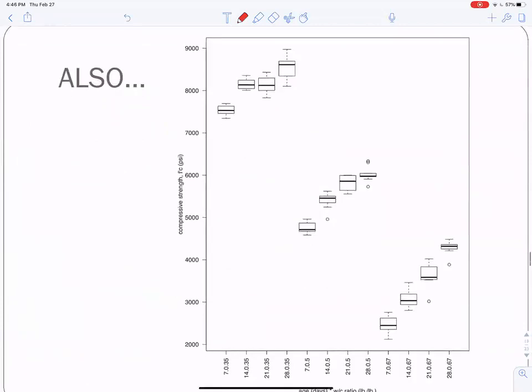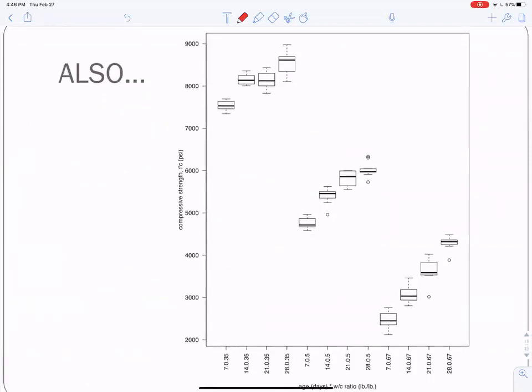In my class last semester, we broke a dozen cylinders every week for 4 weeks for 3 different water cement ratios. And this is a box plot of the range of strengths we got for the concrete strength.